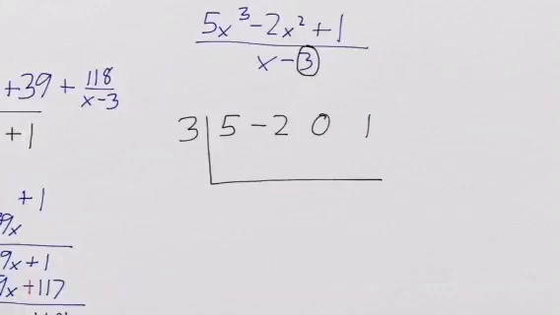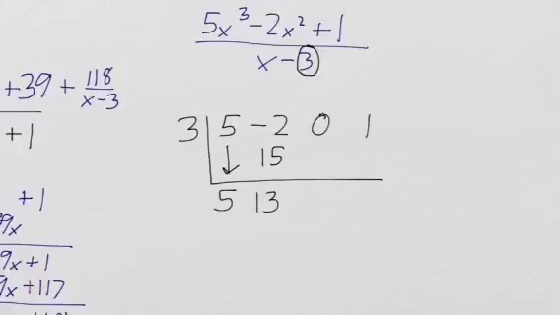Then what we do first is we bring down the leading coefficient, so 5. Now we're going to multiply that by 3. Then what we're actually going to do is, instead of subtracting, we already did the negation, we used the whole negative a. So we're going to add these terms.